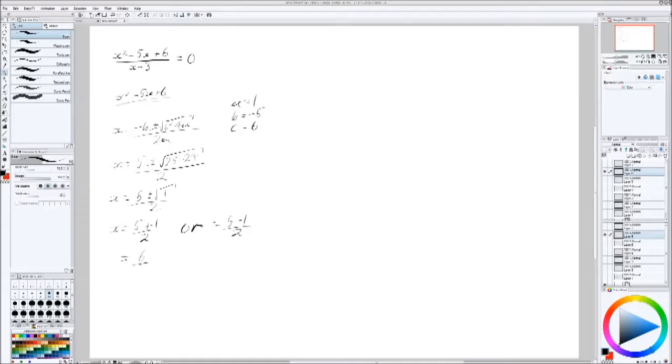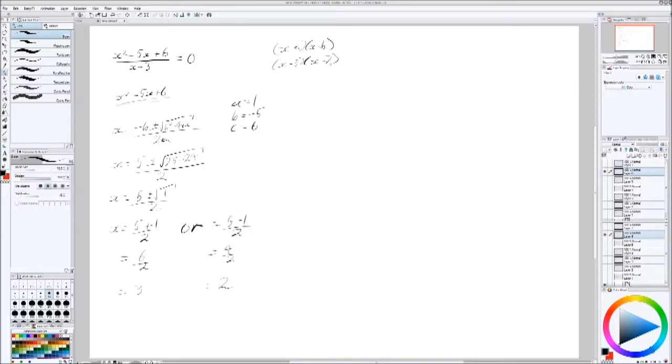So 5 plus 1 is 6 over 2, and 5 minus 1 is 4 all over 2. So therefore x is equal to 3, or x is equal to 2. Now if we then go back to the whole x minus a, x minus b, that ends up giving us x minus 3, x minus 2.